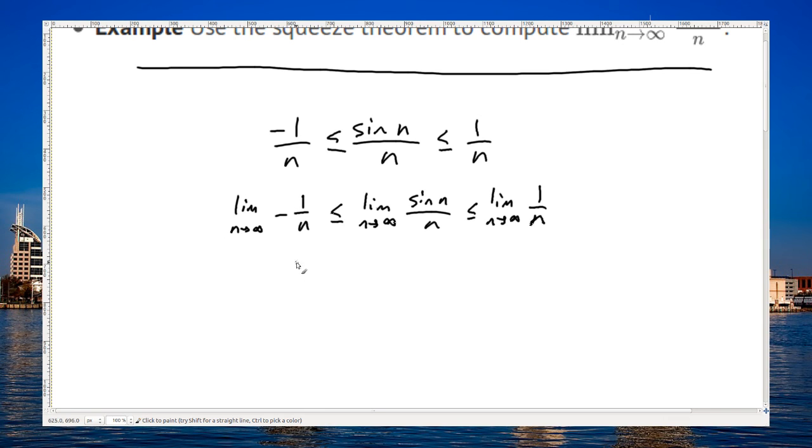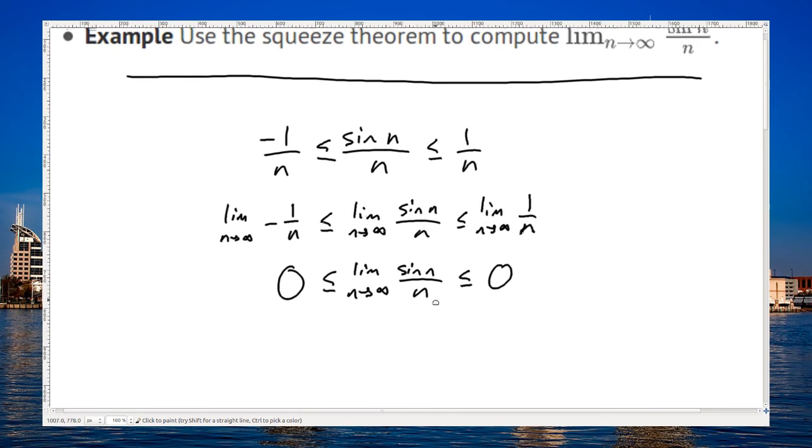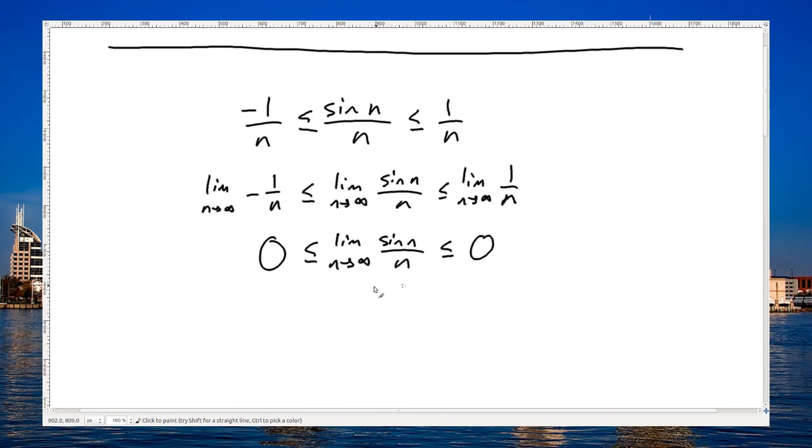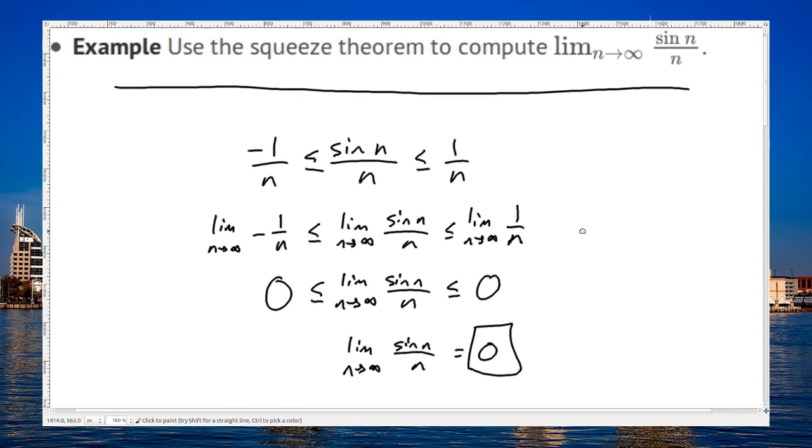Same thing for the sequence, so negative 0 is 0. The limit as n goes to infinity of sine n over n, and this also goes to 0. And since our limit is trapped between 0 and 0, we conclude that the limit of sine n over n has to be exactly 0.